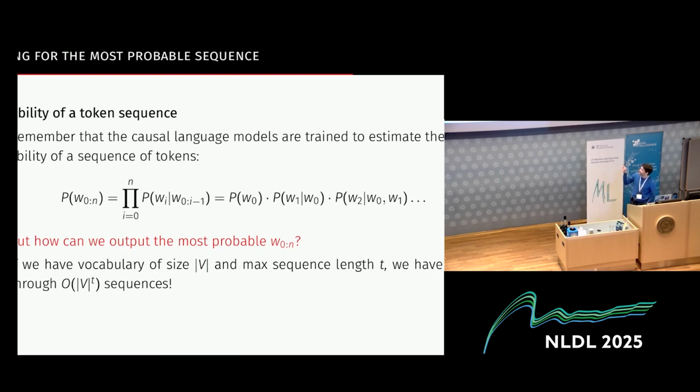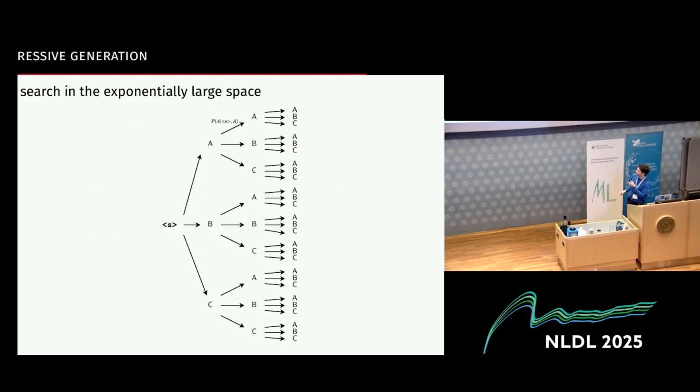Searching for the most probable sequence is very hard. It's again exponential, so we can't really do it. So we simplify things a bit. Here you can see the problem. After the special token, we have 3 options for what can follow, if we have just 3 symbols in the alphabet again.